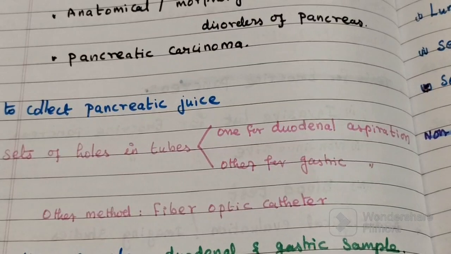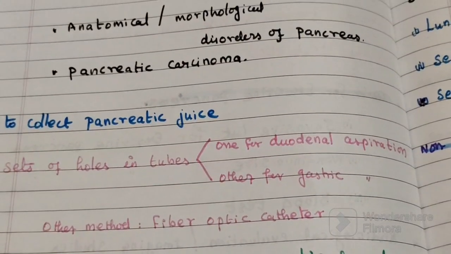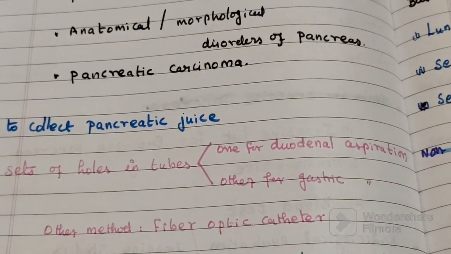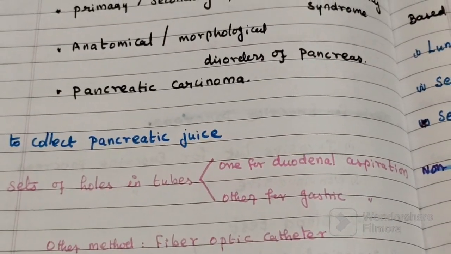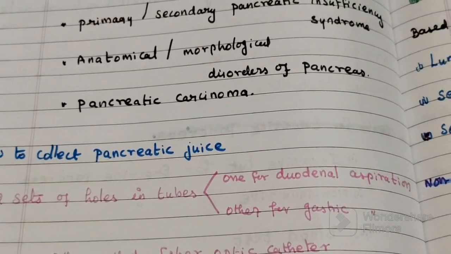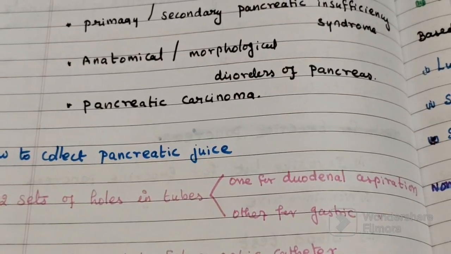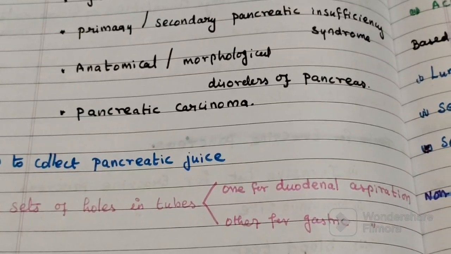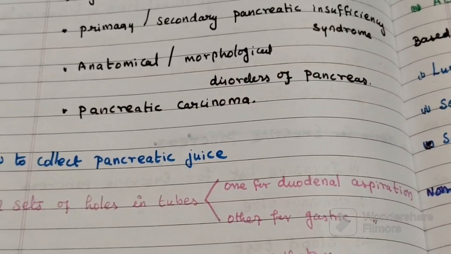Another method we can use is a fiber optic catheter, which is introduced under direct vision into the pancreatic duct. We can collect pancreatic juice after fasting, collecting duodenal and gastric samples. So here we insert a double lumen catheter, and with the help of X-ray we can trace it.